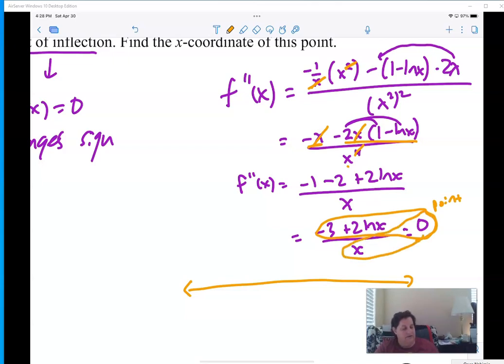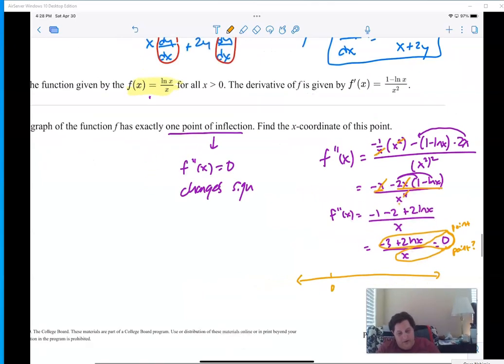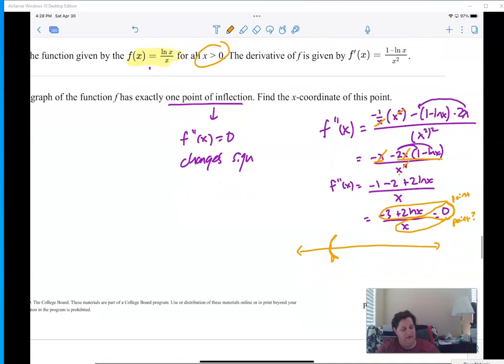Where the bottom equals 0, that could also be a point or an asymptote. You got to take it into account though. So 0 is going to be one of them. But it's only x greater than 0, so my sign line graph technically will end right there, so I can ignore that one.